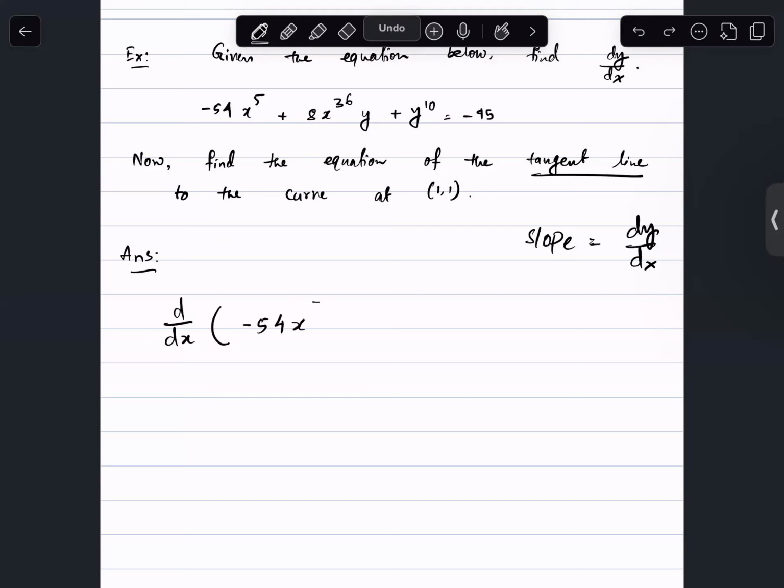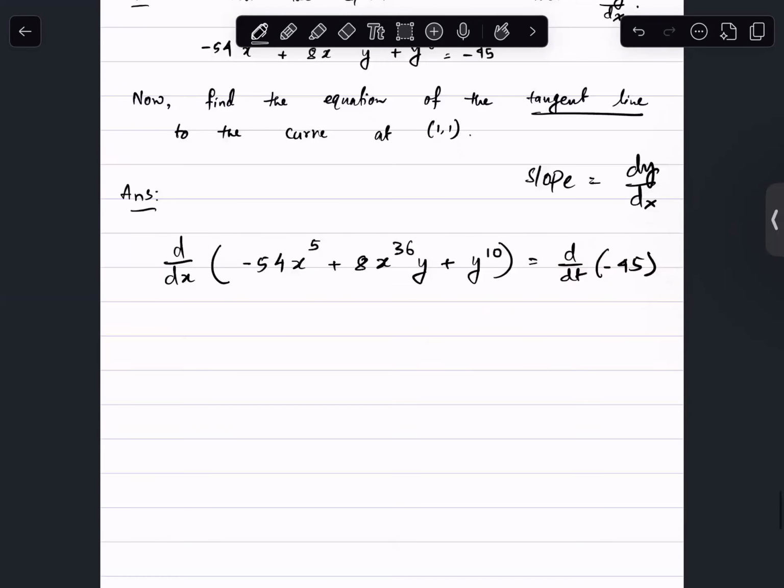So I get the equation like this, and then you just use the power rule several times.